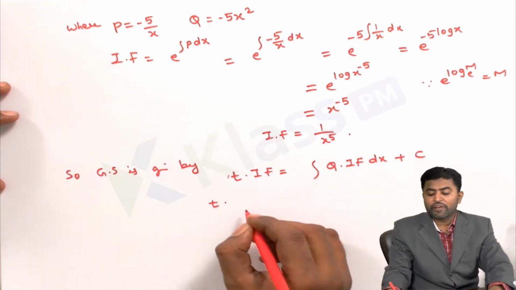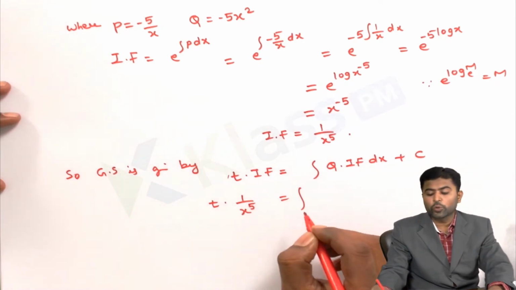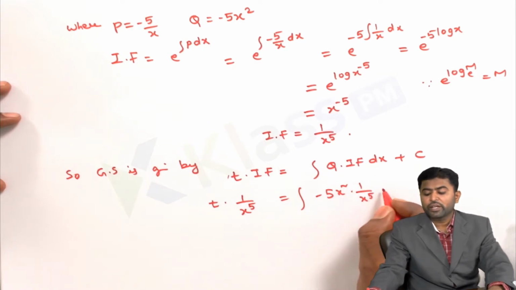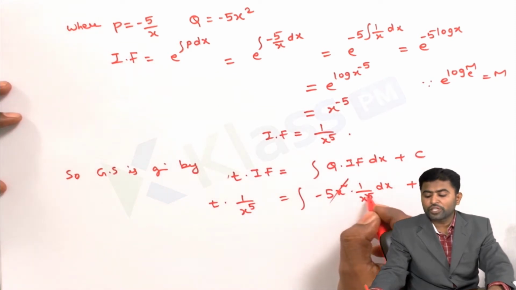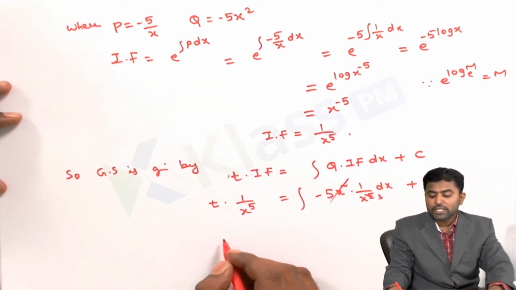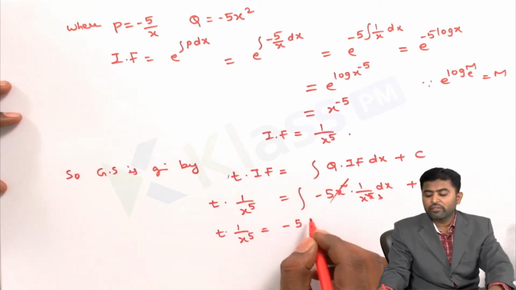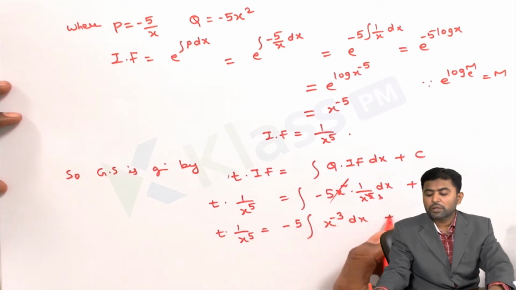T into integrating factor, we got that as 1 by x power 5, which is equal to q, that is minus 5x square into 1 by x power 5 into dx plus some constant c. On cancellation of these two, I'll get t into 1 by x power 5 is equal to minus 5 integration of x power minus 3 into dx plus c.